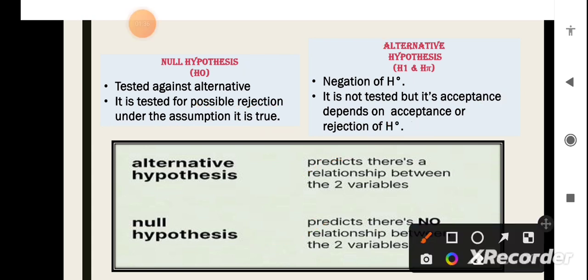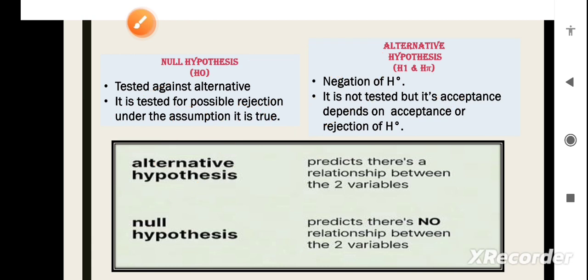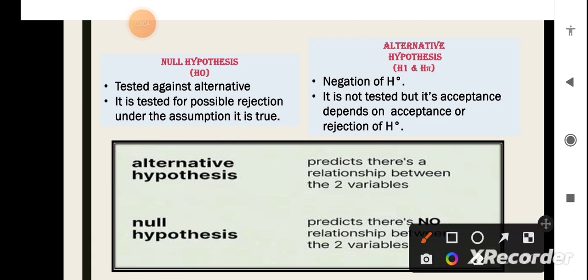In other words, the null hypothesis shows no significance, which is to be tested, and after testing this we will get our result either to accept or reject the alternative hypothesis on the basis of the null hypothesis. One important point is that the null and alternative hypothesis are mutually exclusive, which means either the null hypothesis will be correct or the alternative hypothesis will be correct.